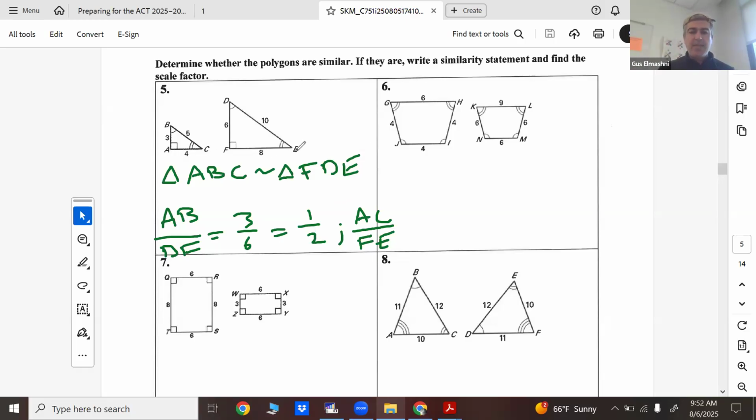Now let's look at AC and FE. That's 4 to 8. Is that still 1/2? Yeah. Let's look over here. BC to DE. 5 to 10, still 1/2.